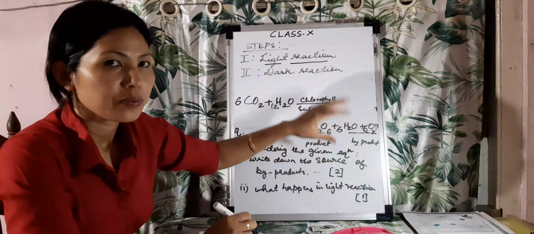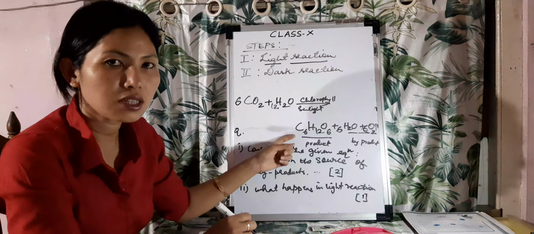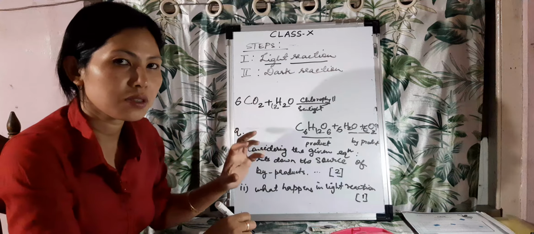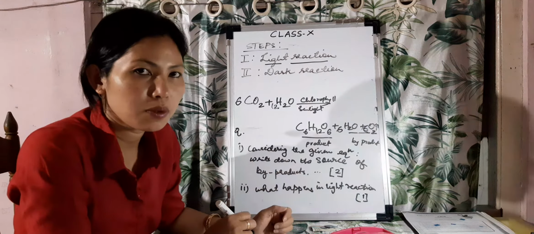It means the major product obtained during the reaction is known as the product, and the other substances that are produced along with the product are called byproducts. So in this process, we have 2 byproducts, that is water and oxygen gas.